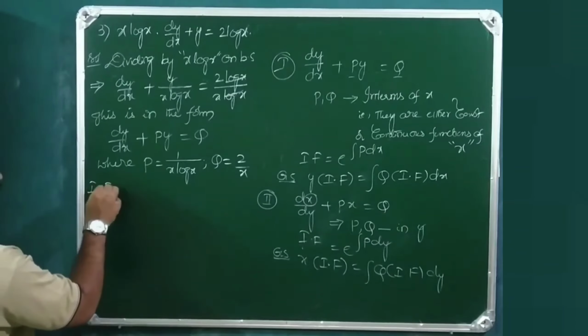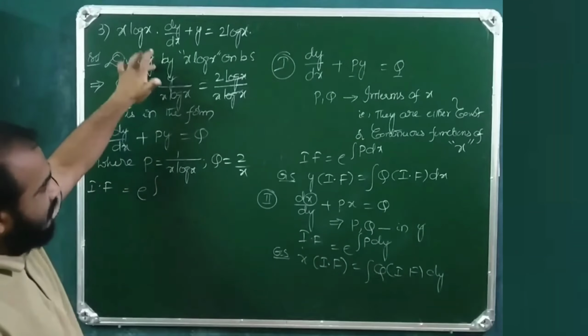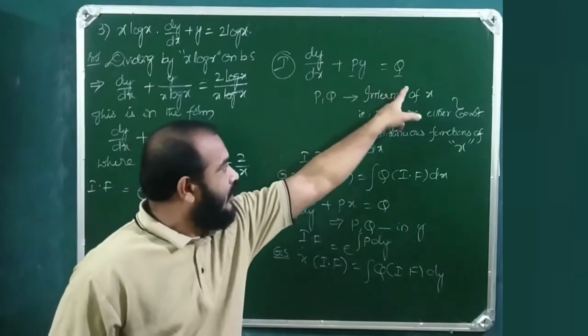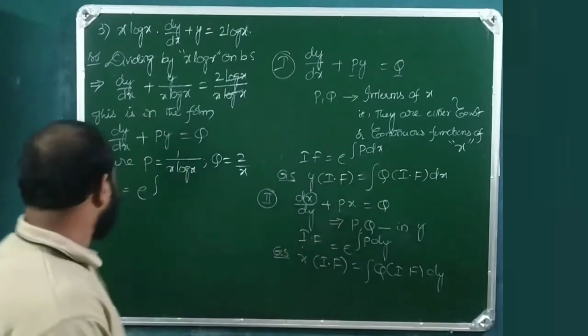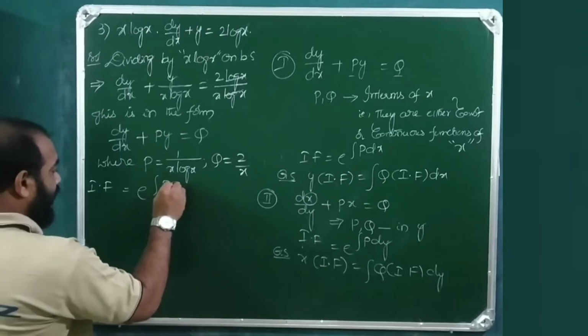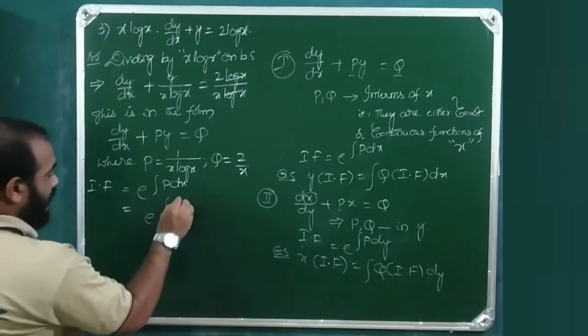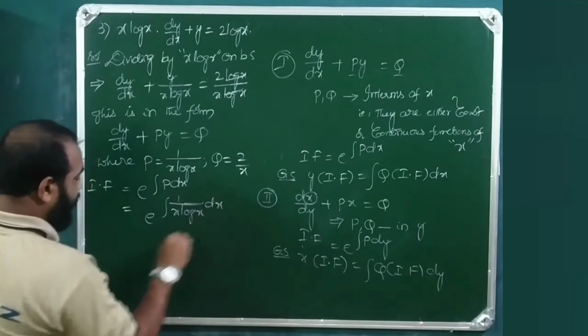So the integral factor is e power integral p dx, that is e power integral 1 by x log x dx.